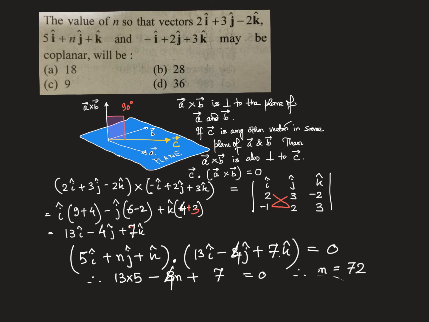Some minor calculation mistake. So 4n is equal to 72, so n is equal to 18. Correct answer will be 18.